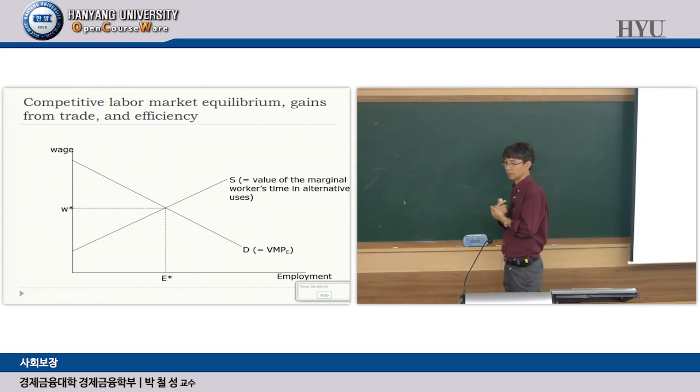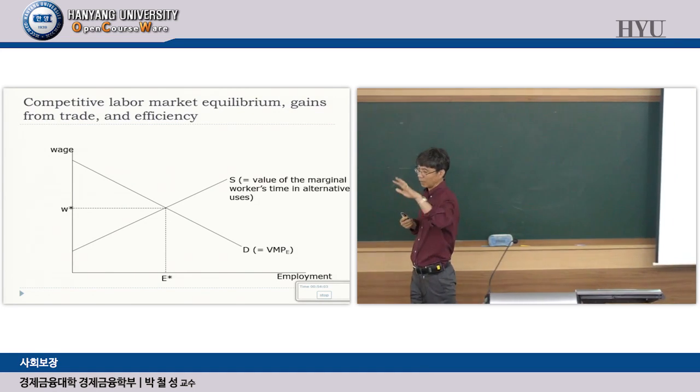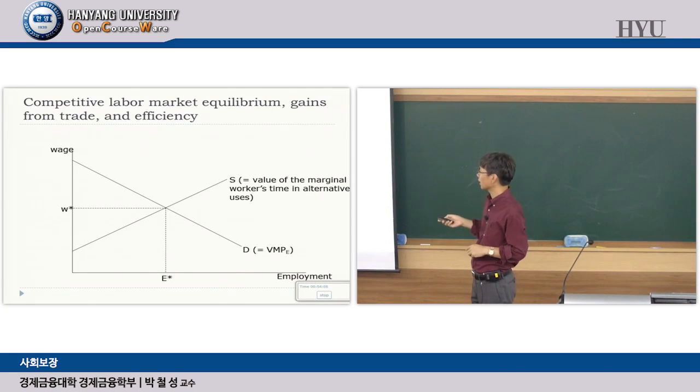In the market, when the supply and demand meet, after some reasoning we are not going to cover, we will reach a market equilibrium, if the market is functioning perfectly. So that's W star and E star. W star is the market wage and E star is the employment level.